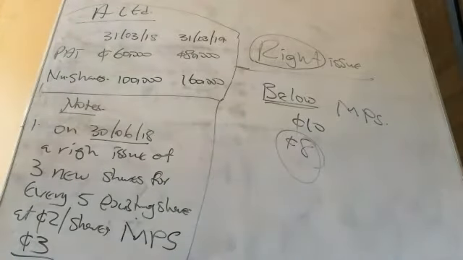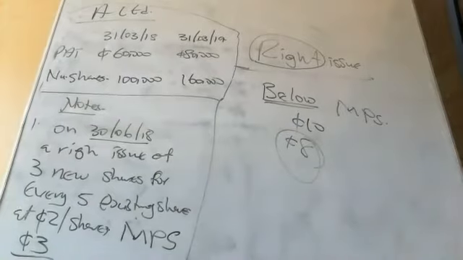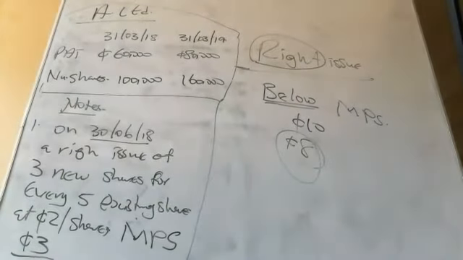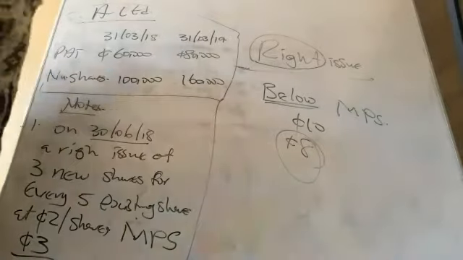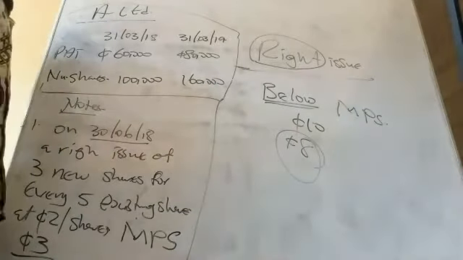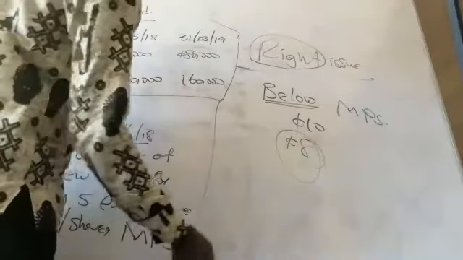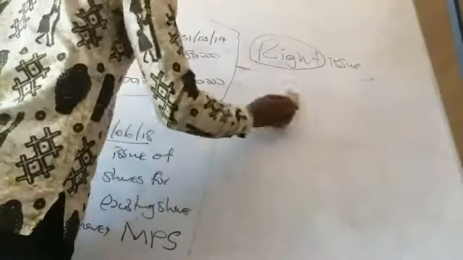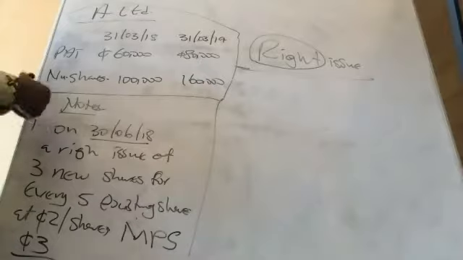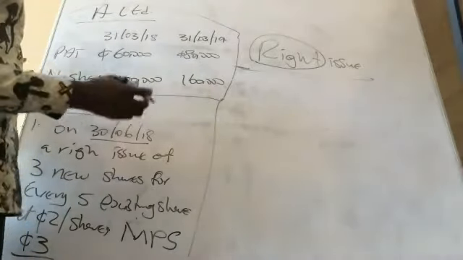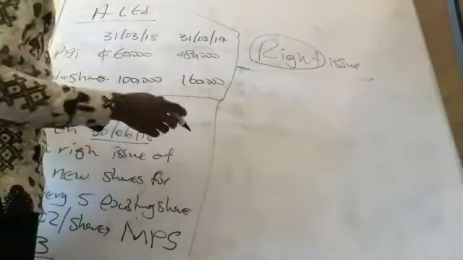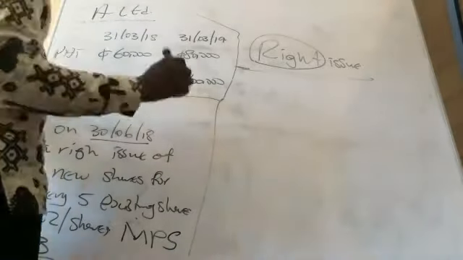So new shareholders don't have rights. If you're not a shareholder, when there's a right issue, you cannot acquire the shares unless someone sells his or her right to you to partake in it. But what is important here is that, because you are selling the shares below the prevailing market price, there's an assumption.